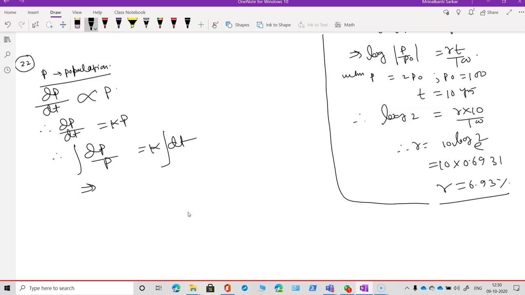So again integrate, log P will be kt plus C. Now when t equal to 0, P is equal to 1 lakh, given. So log of 10 to the power 5.